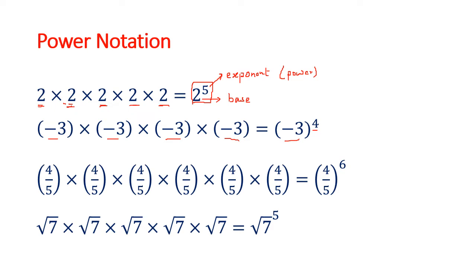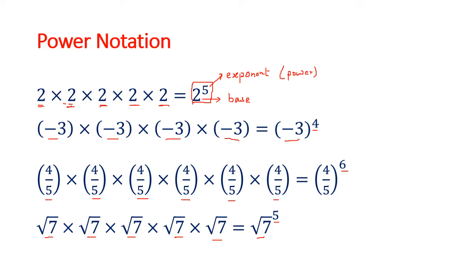Next you can see I have taken a fraction. 4 upon 5, 4 upon 5, 4 upon 5 is repeatedly multiplied 6 times, so it is written as 4 upon 5 to the power 6. Also I have taken an irrational number, root 7, multiplied 5 times, so it is written as root 7 to the power 5.